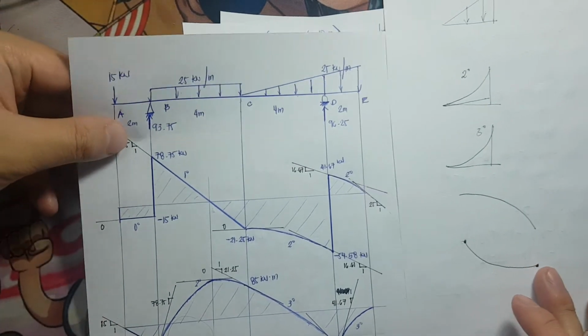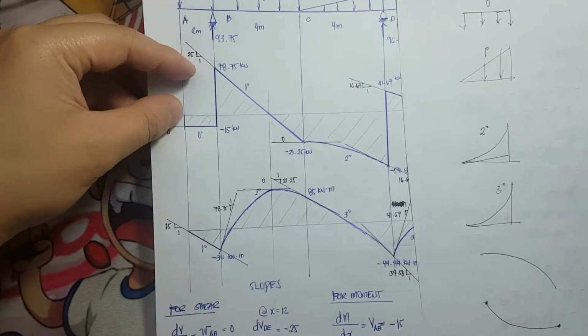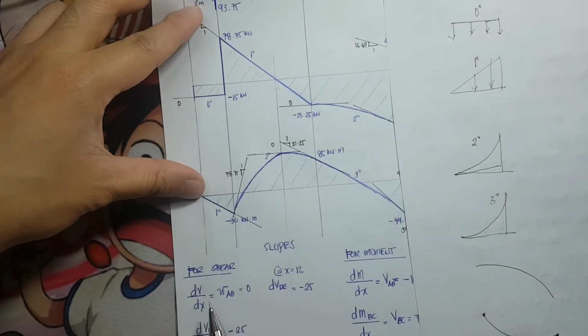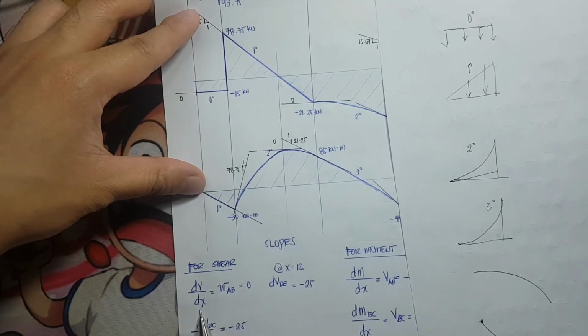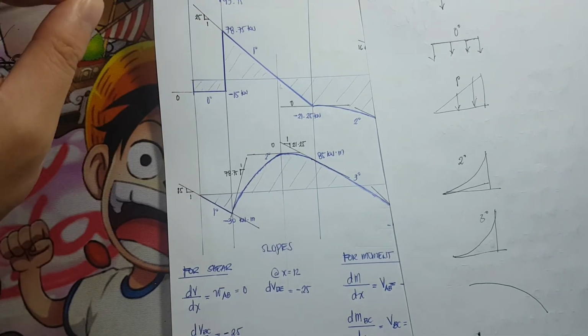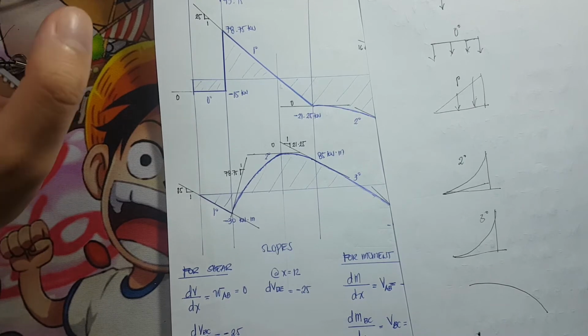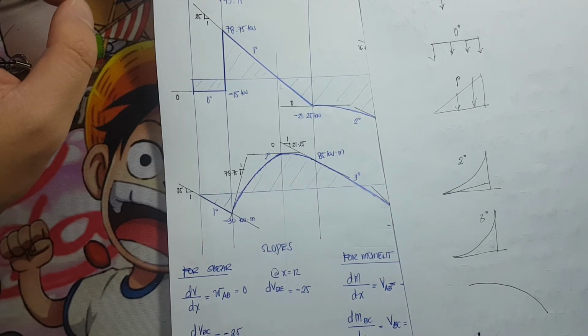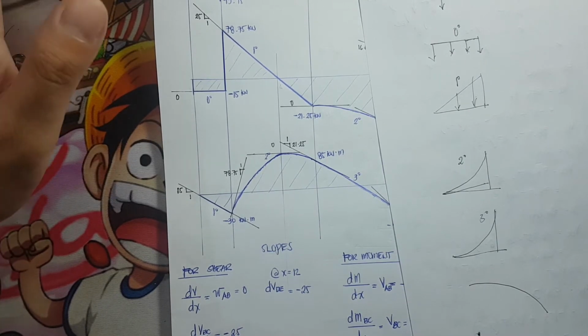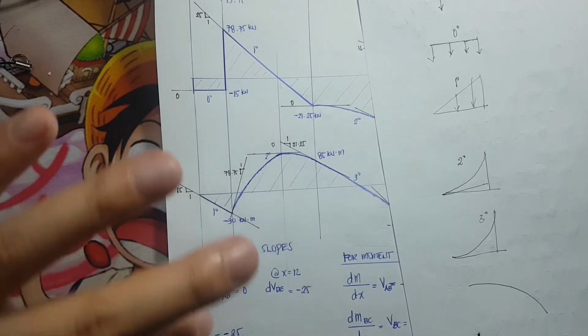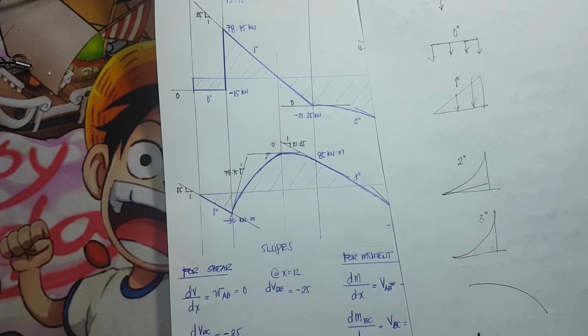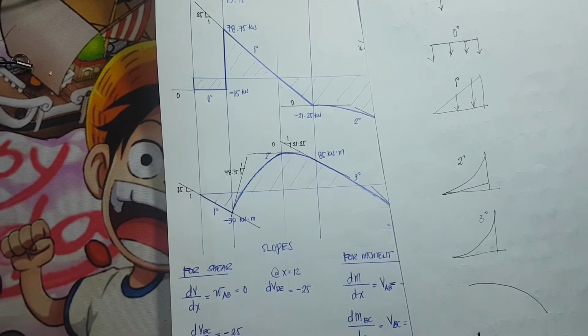Okay? So, for the slope, for the shear, the derivative of shear with respect to x is the load AB. Isn't it that when we are getting the derivative of a function, bumabalik tayo sa differentiated function.